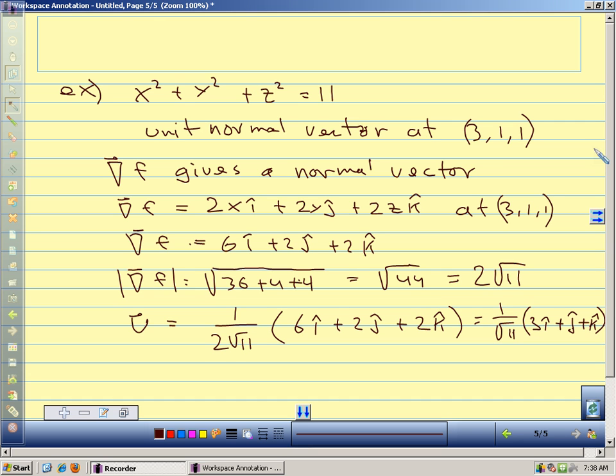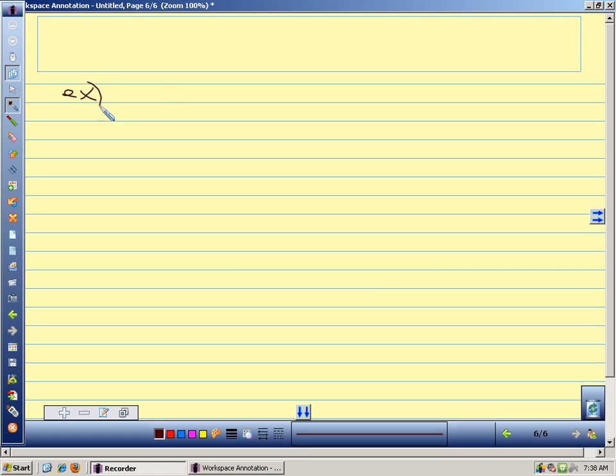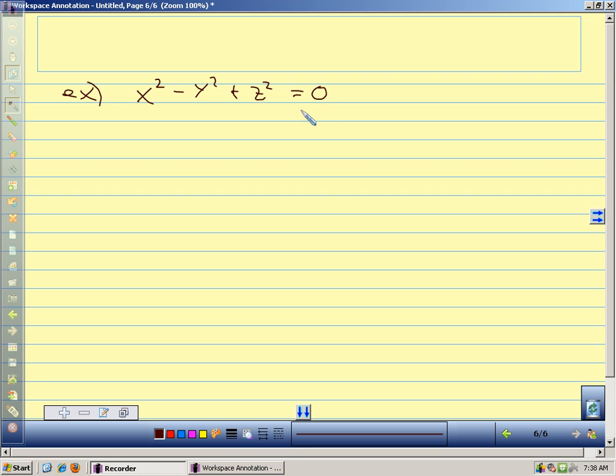Now let's calculate the equation of a tangent plane and the equations that represent the normal line. And that'll be our last example. So we have x squared minus y squared plus z squared equals 0.